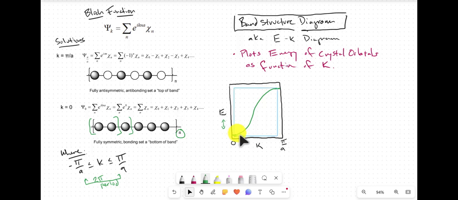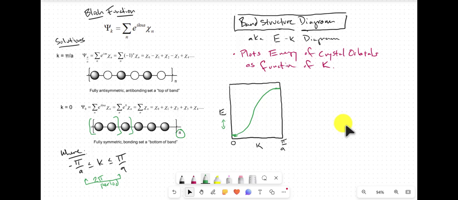So you imagine if you were to zoom in infinitely, these would be individual horizontal lines representing every possible state, because we would have a unique state for every single atom that we have, right? That would be the consequence of this. And so without zooming in, it looks like a continuum that spans from the low to the high anti-bonding state.